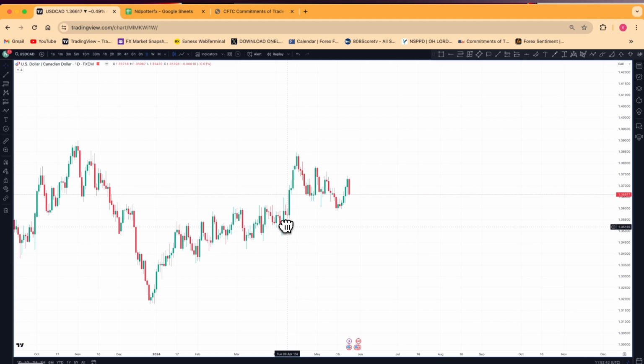That's why their short should be the long here, because CAD is weak and their long will be short. So you see that their short that is 100 and something is the long here, while their long that is 35 is the short here. That's how it works with CAD.